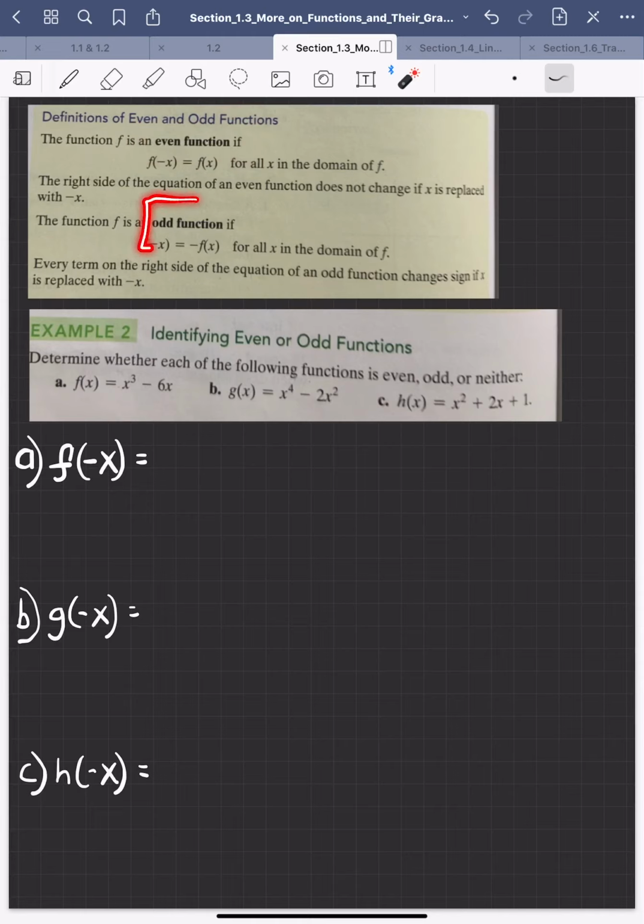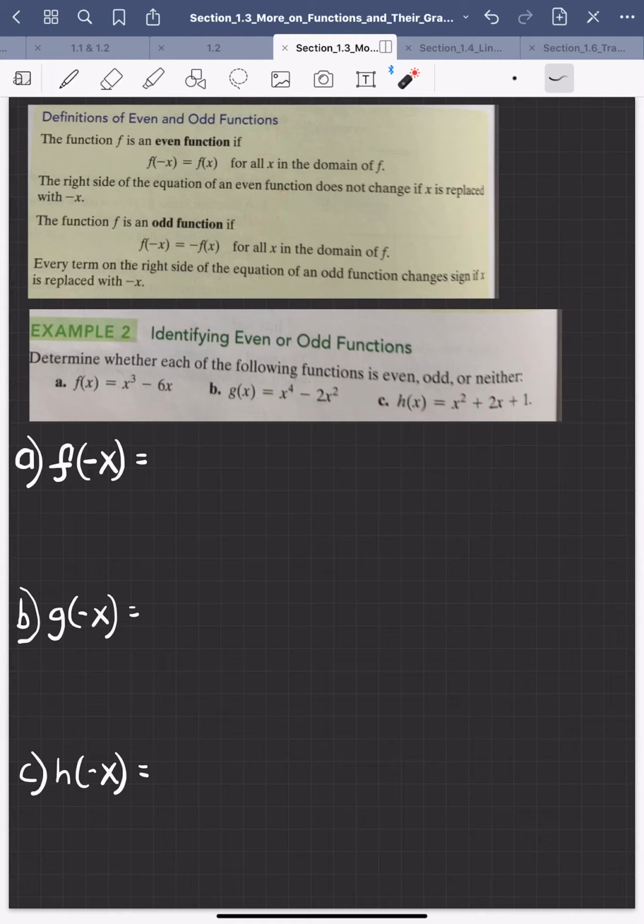If you know that a function is odd, it's actually much easier to graph it. And the reasoning is because there is some symmetry with even functions and symmetry with odd functions that I'm going to show you in a little bit. So that's some of the reasoning behind why you might want to know if something is an even or an odd function. But let's get to the definition.